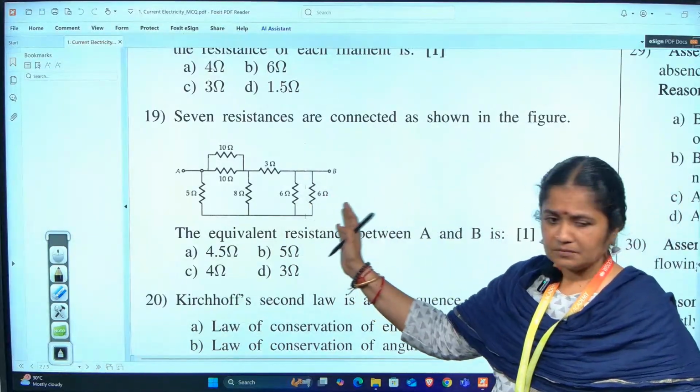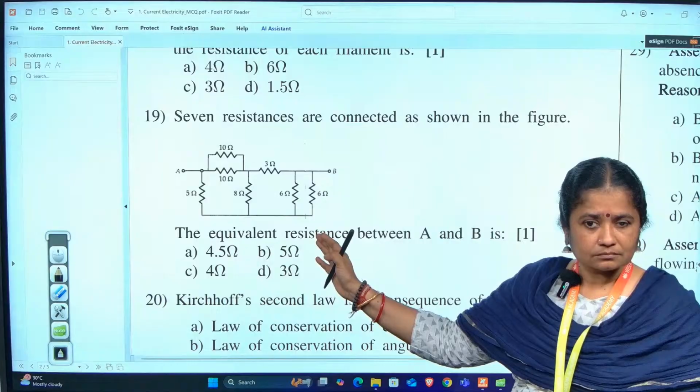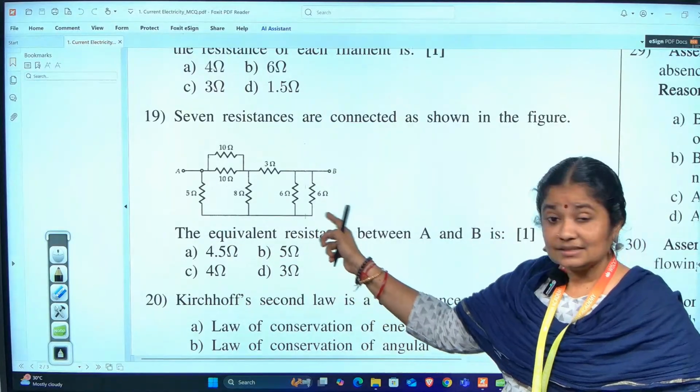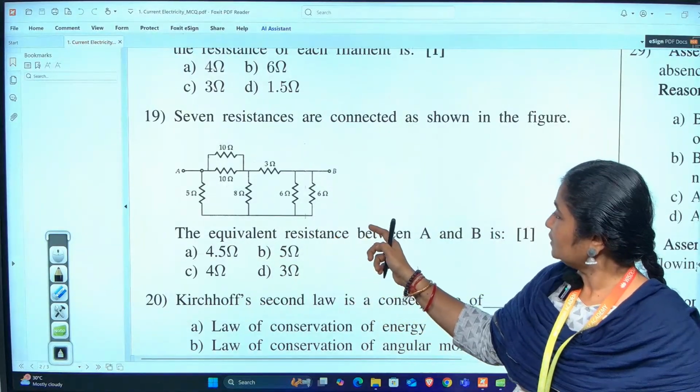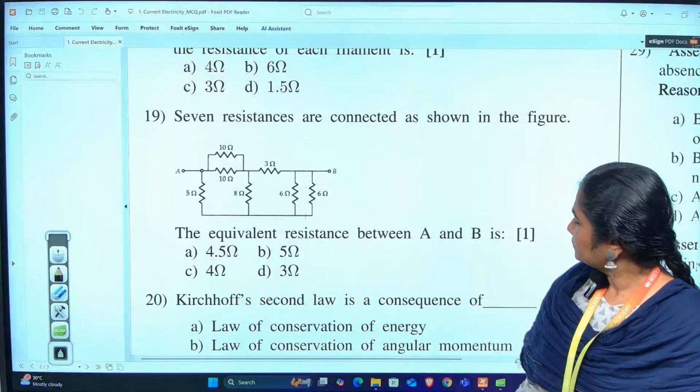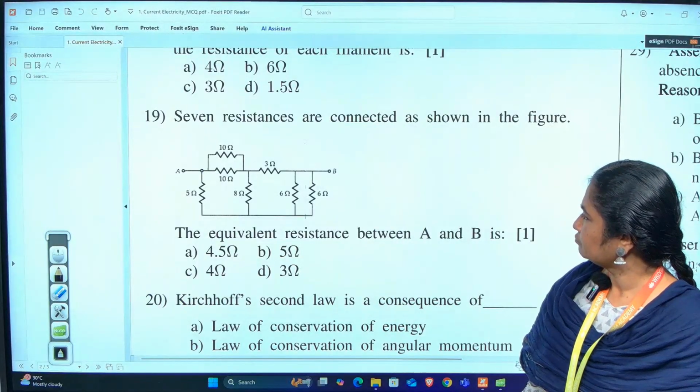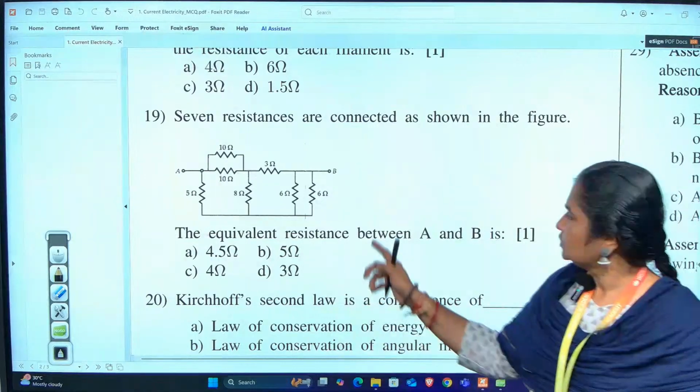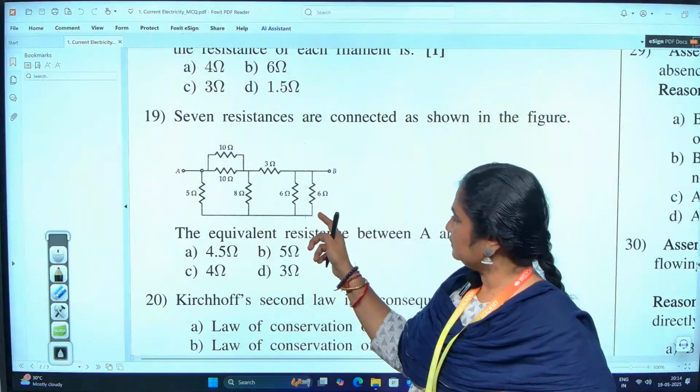You can even start from this end. 6 and 6 are in parallel to each other. So that will be reduced to 3.